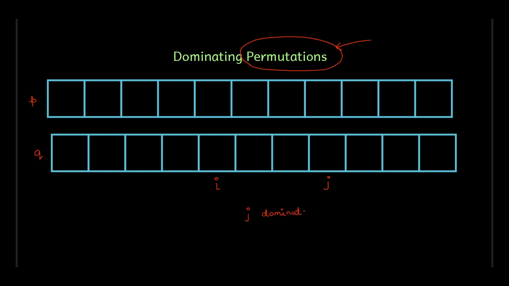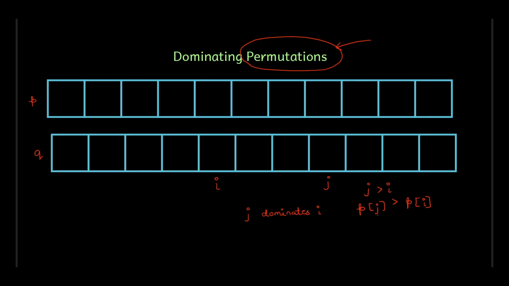Index J dominates I if J wins, J is bigger than I on all aspects. That is, J should be greater than I when comparing the indexes. J should be greater than I when comparing the values written in the first permutation, like Pj should be greater than Pi.